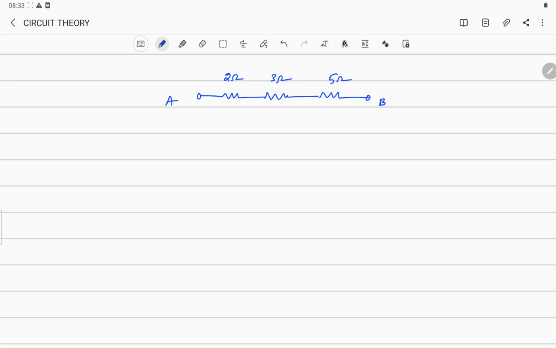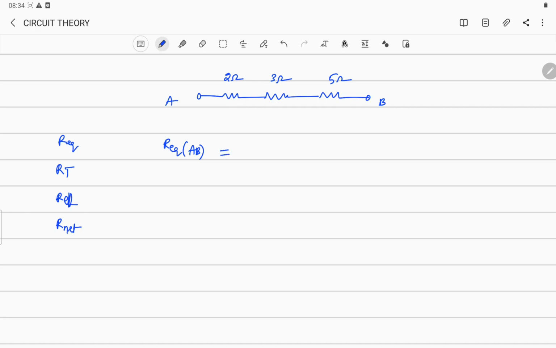Suppose I have three resistors, say 2 ohms, 3 ohms and 5 ohms. These three resistors are connected across the terminals A and B. My intention is to calculate the R equivalent between A and B. Don't get confused if the question mentions R equivalent, R total, R effective or R net, all are the same. Our aim is to calculate the total resistance.